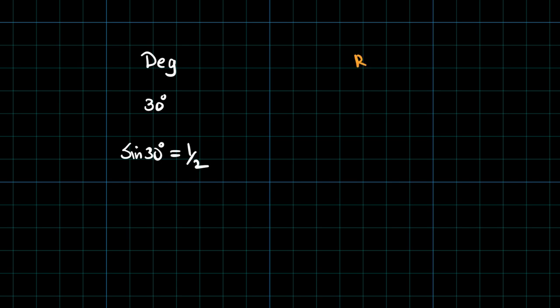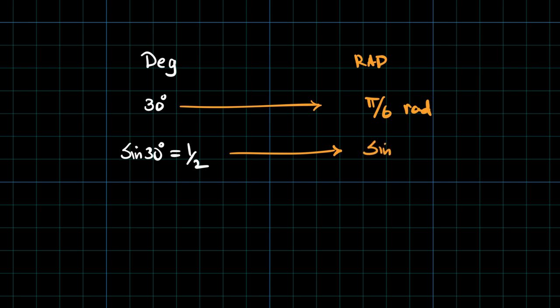If I'm using the calculator in RAD mode, instead of 30, what should I write? Pi by 6 radians. And then when I plug in pi by 6 in the sine function, or for that matter cosine or tangent, sine of pi by 6 will correctly come out to be half, provided the mode is in radians and the angle is in radians.